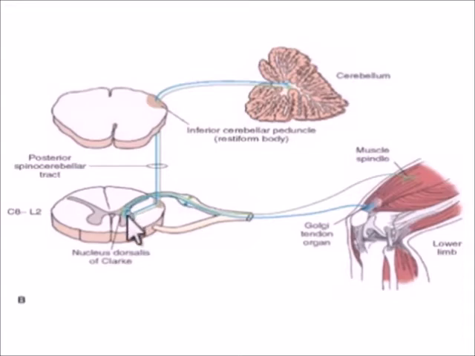Here we should understand that this tract does not cross to the other side of the spinal cord. Instead, it ascends upwards along the same side to reach the upper part of the medulla, and from the upper part of the medulla it goes to the spinocerebellum through the inferior cerebellar peduncle.